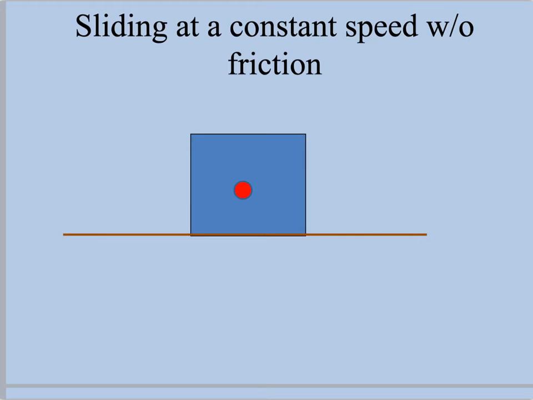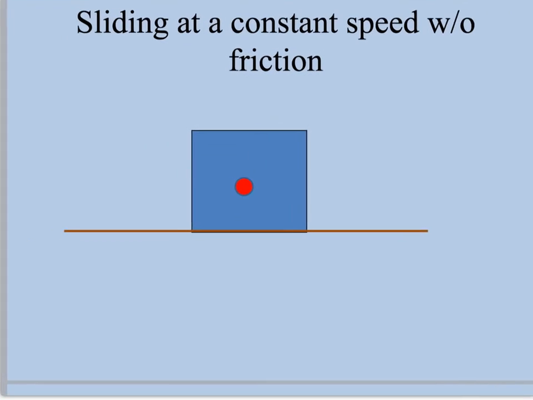Our next drawing says a box sliding at constant speed without friction. Constant speed, in this case, it would be constant velocity really, but we can use the word speed if we need to. In this case, it really isn't going to change what we draw. Without friction.